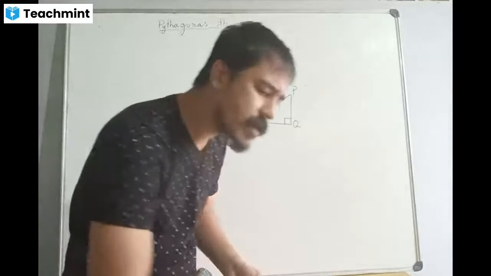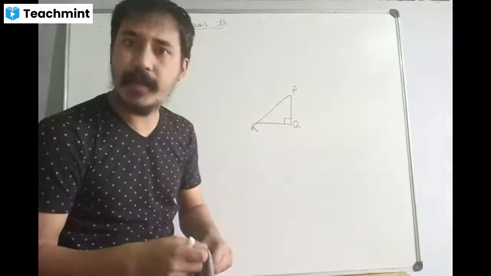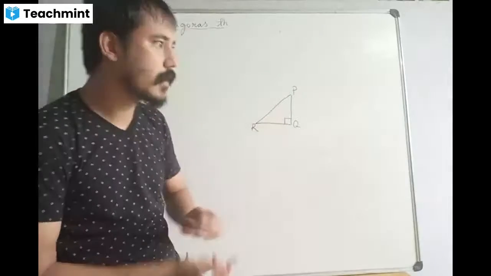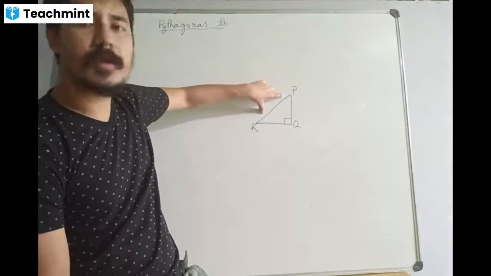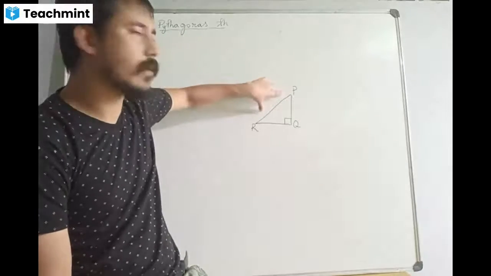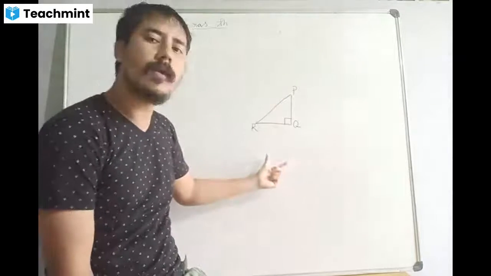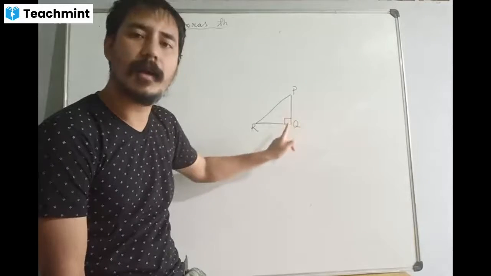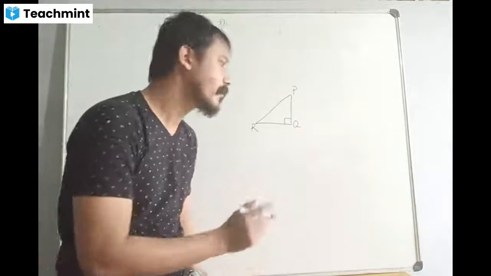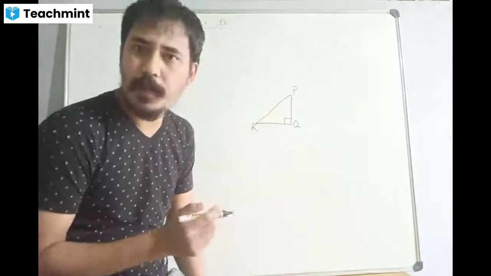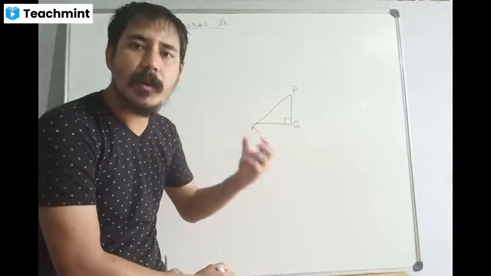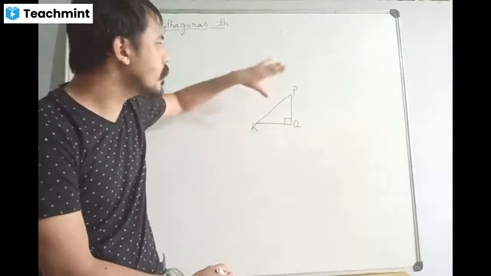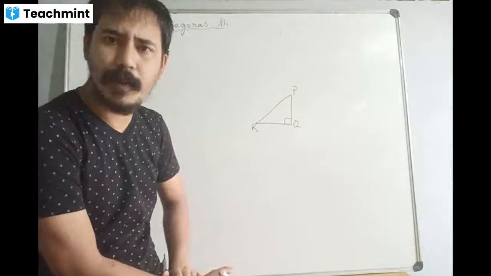So this Pythagoras theorem says that in a right triangle, the square on the hypotenuse, the square on the longest side, is always equal to the sum of squares on the other two sides. Expressed mathematically, here PR is your longest side. How did we identify it?